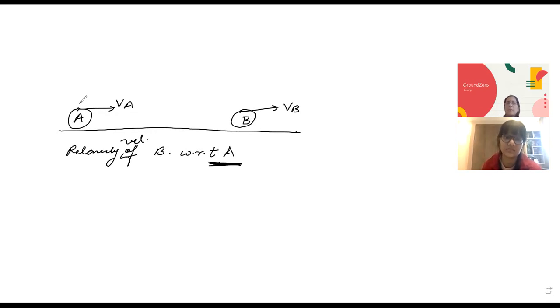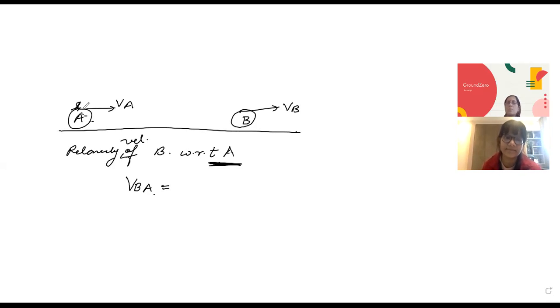So your frame of reference is now body A. You are on body A, so it has come to rest.